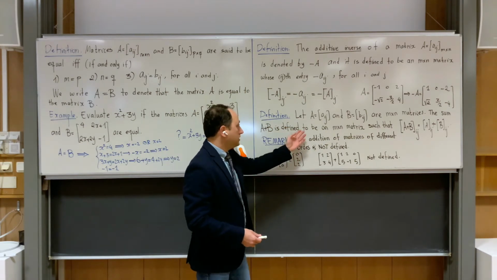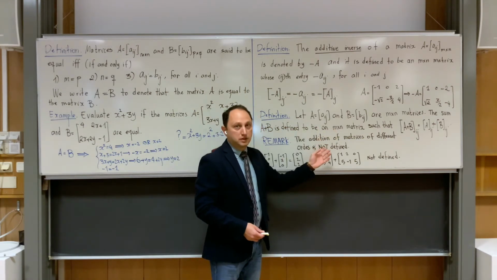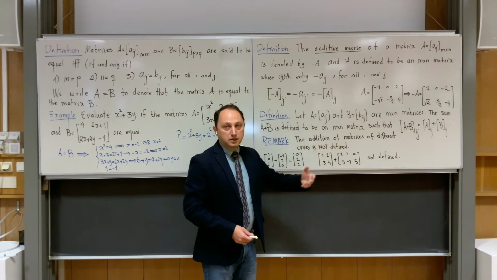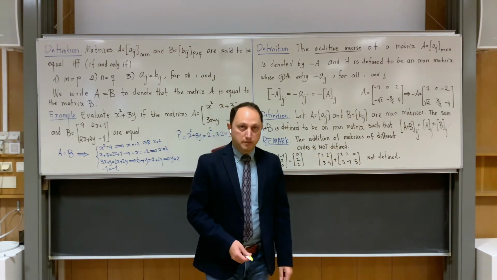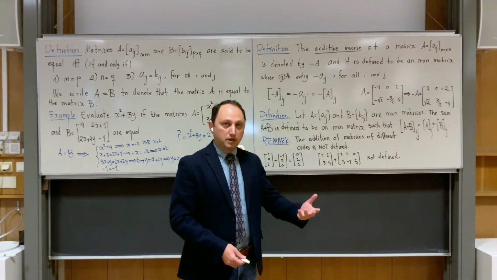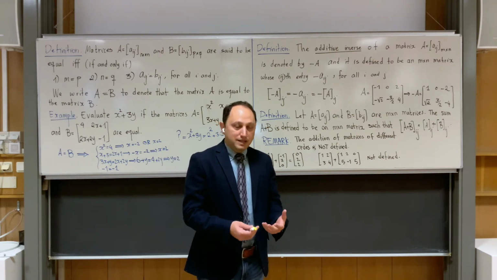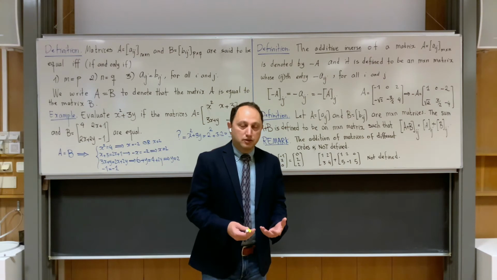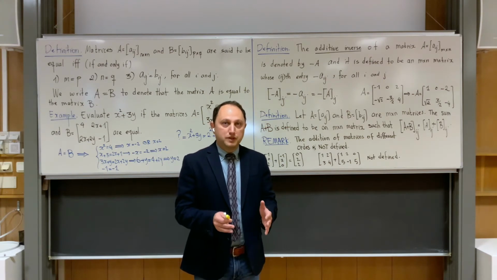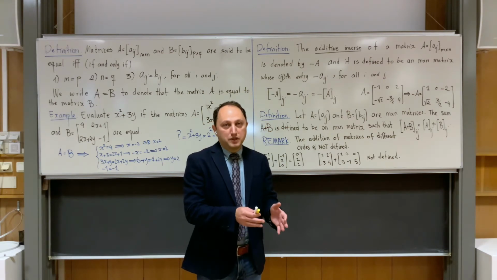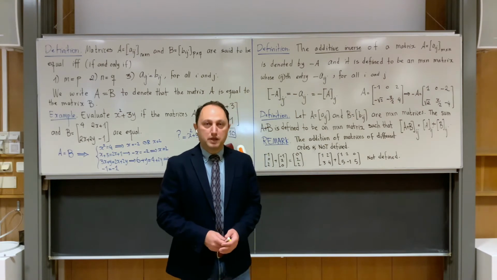And the definition of addition of two matrices is also a modification of the addition of two numbers. So what you expect for addition of matrices, you expect that it should be very natural. By natural, I mean that what you expect from numbers, you should also expect somehow for addition of matrices.